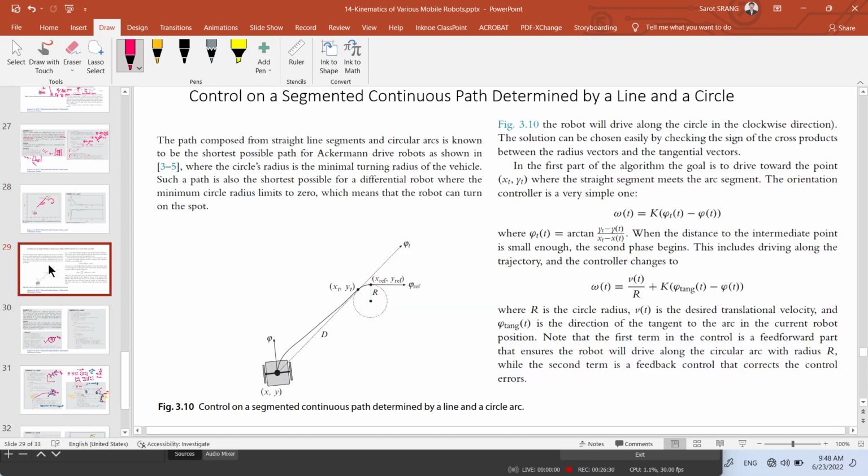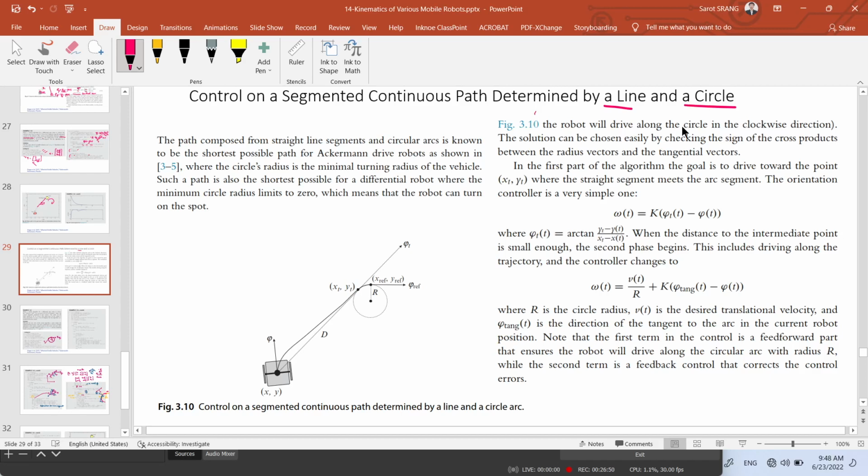And then here is another algorithm that can be applied to both car-like robots and differential drive wheels. Here is a control on a segmented continuous path determined by a line and a circle.